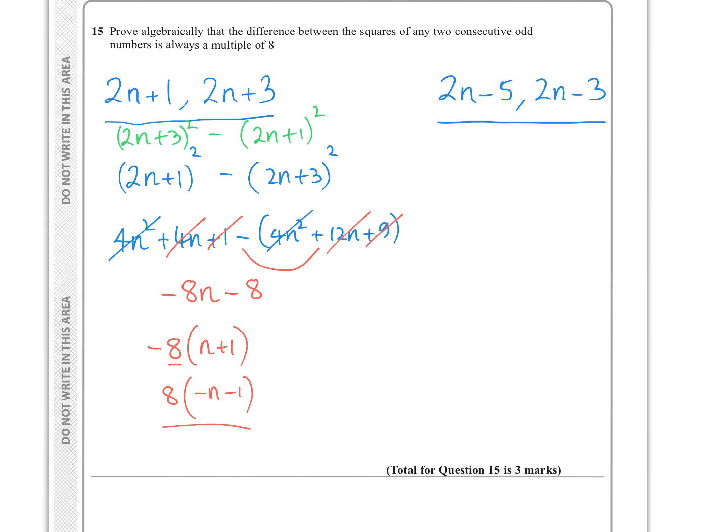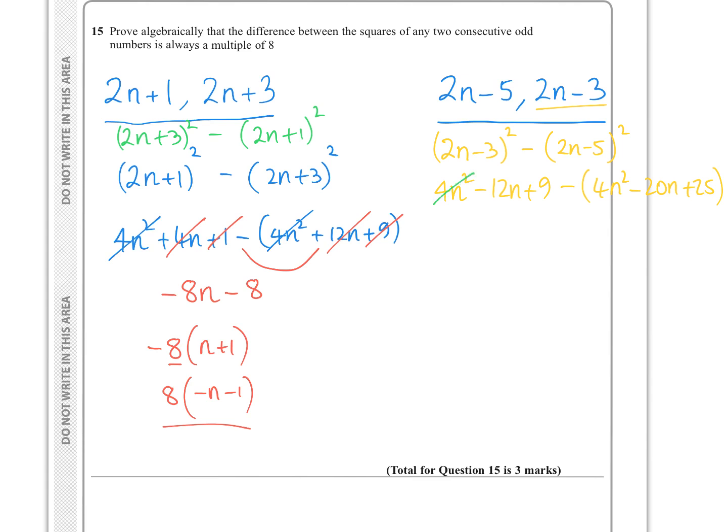So for this case here, I'm going to do the one that's larger first, which will be this one, don't forget, because negative 3 is larger than negative 5. So we'll have 2n minus 3 all squared minus 2n minus 5 all squared. That gives us 4n squared minus 12n plus 9 minus 4n squared minus 20n plus 25.